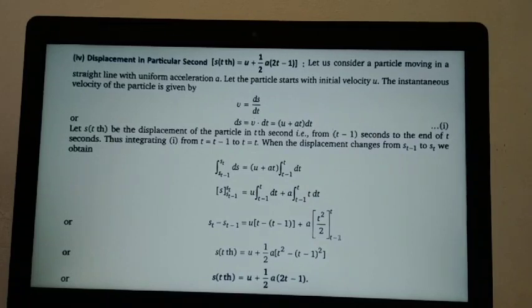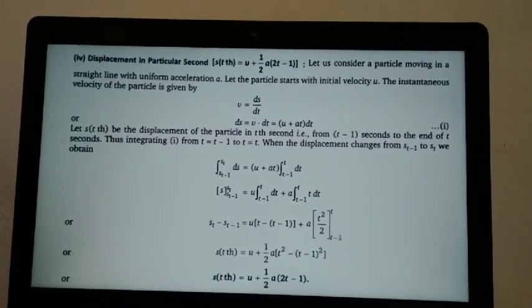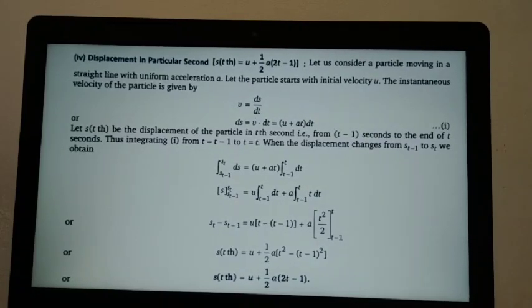So that will become u into integral t minus 1 to t dt plus a into integral t minus 1 to t t dt. Then the left hand side will become s(t) minus s(t minus 1) equal to u into (t minus (t minus 1)), upper limit minus lower limit, plus a into t square divided by 2 within the limit t minus 1 to t.